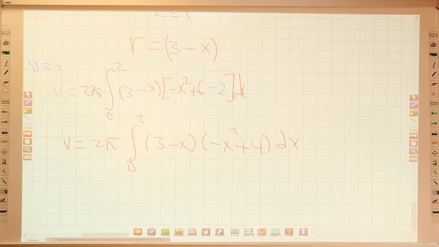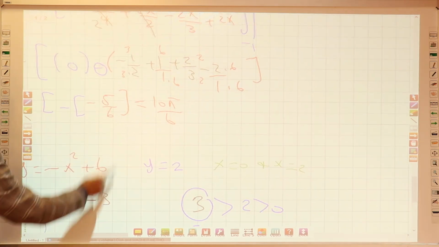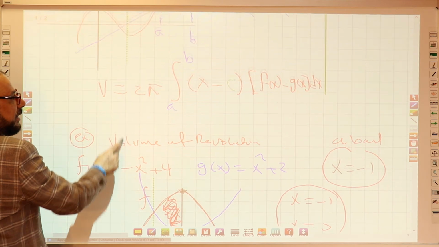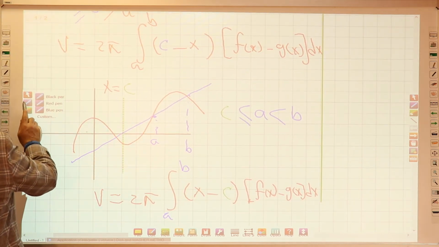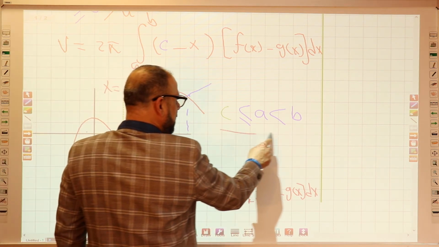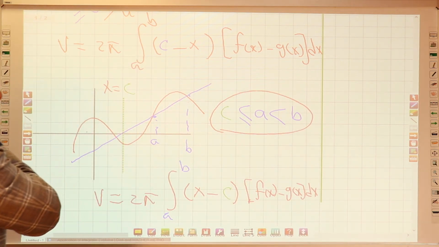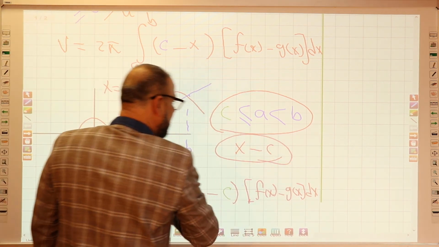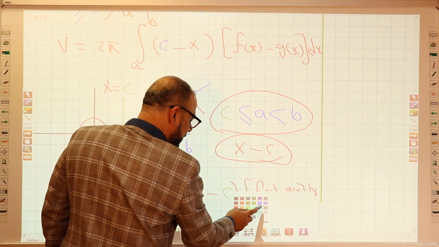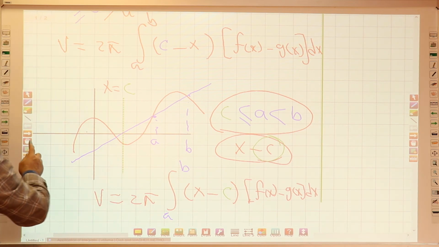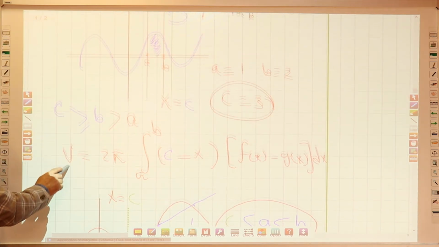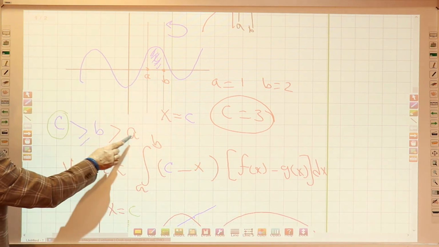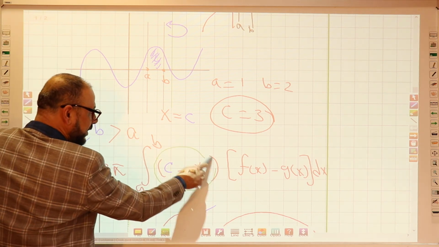Just believe me, if you remember these rules for the axis of rotation, when C is less than A and B, it's x minus C. When C is greater than B and A, we use C minus x.